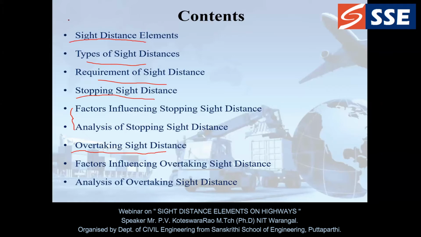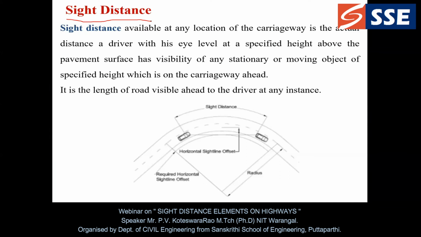So this is the sight distance element. Already I mentioned what is the sight distance. In general, this can be called the length of the road visible ahead to the driver at any instant. This is the generalized statement. But as an engineer we need the technical definition in terms of technical words.